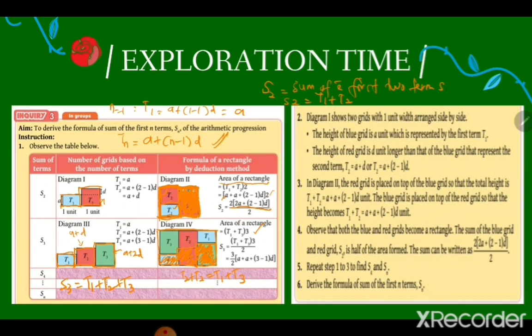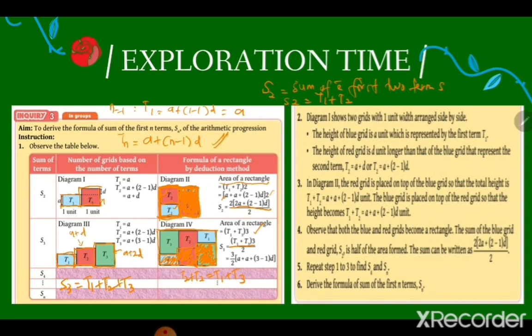So again, we said that the area for T1 plus T2 plus T3 is half of the area of the rectangle. So since we talk about half, equal size, that is why we need to divide it by 2.